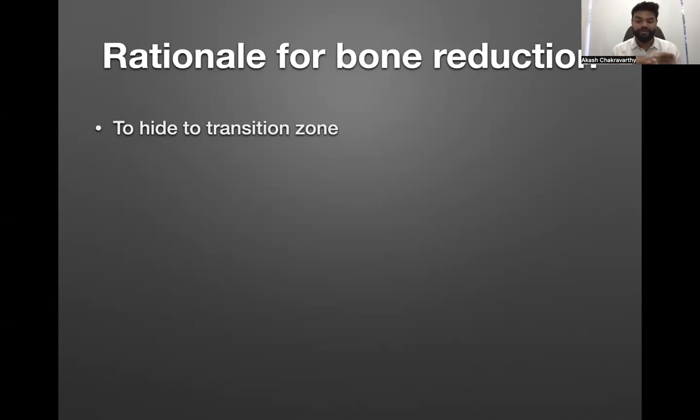You have to reduce the bone and bring the transition zone above the smile line. Okay. Nobody wants a prosthesis where when they're smiling, they can see the line between the gingiva and the prosthesis.